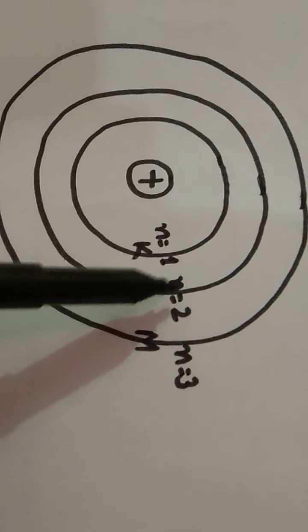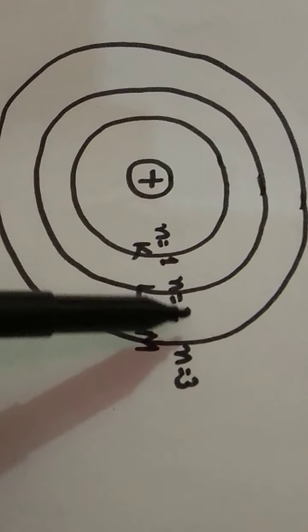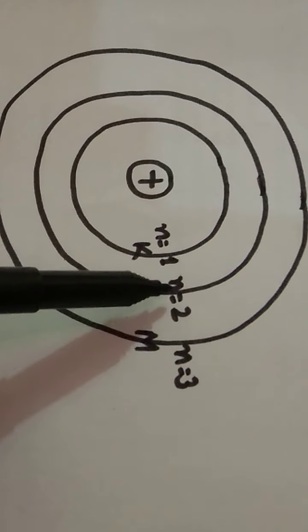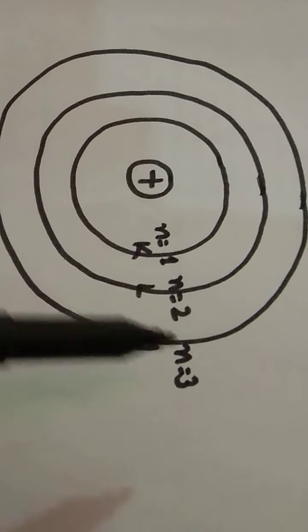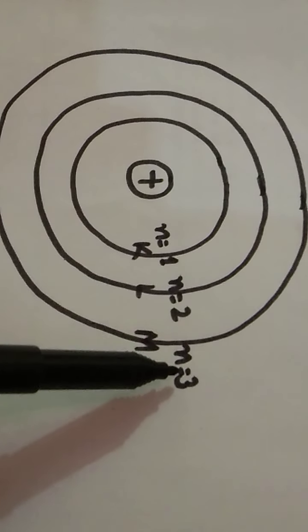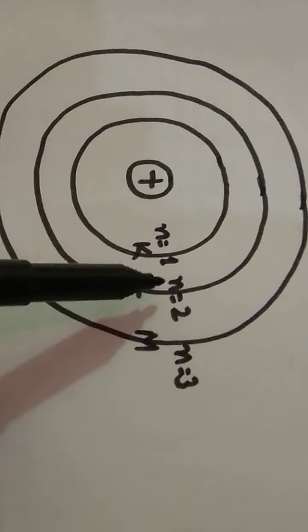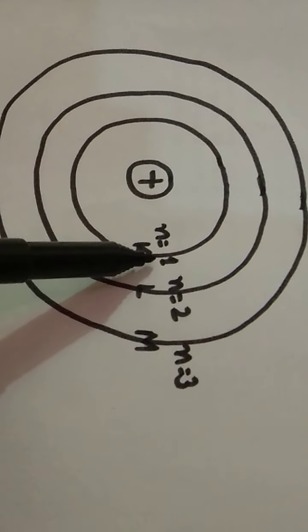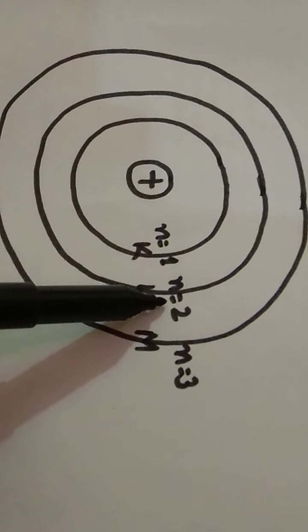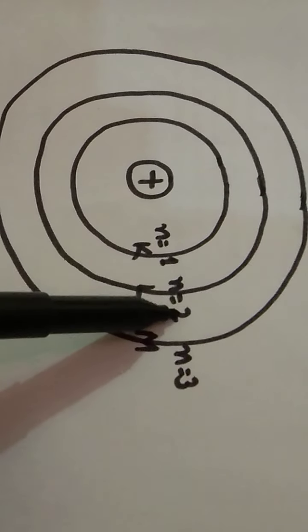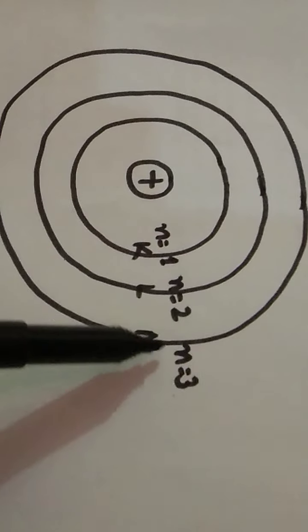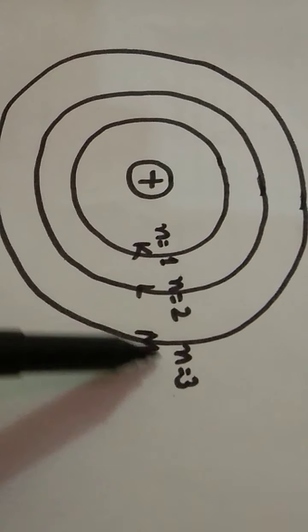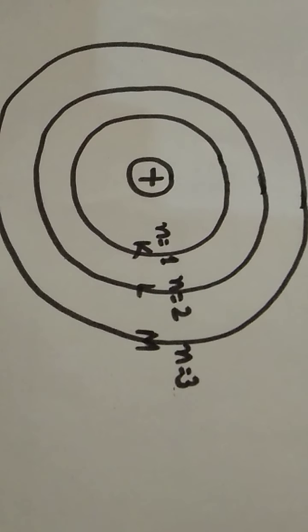In the same way, for the second shell, n is equal to 2, and for the third shell, the principal quantum number is 3. If the electron is lying in the first shell, then n is equal to 1. If the electron is lying in the second shell, then n is equal to 2. If the electron is lying in the third shell, then n is equal to 3. n is the principal quantum number.